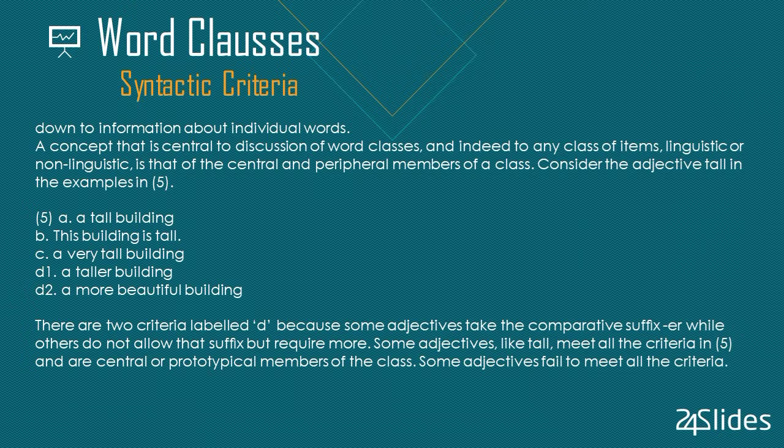And D2. A more beautiful building. There are two criteria labeled D because some adjectives take the comparative suffix, while others do not allow that suffix but require more. Some adjectives like tall meet all the criteria in 5 and are central or prototypical members of the class. Some adjectives fail to meet all the criteria.